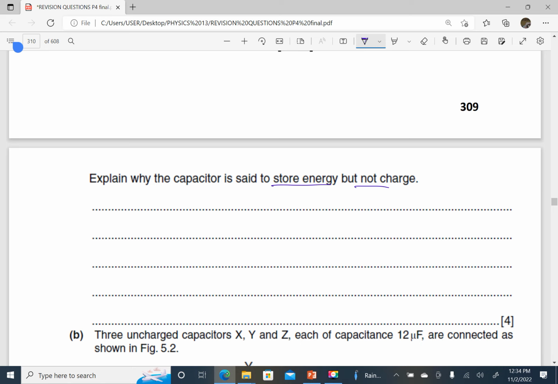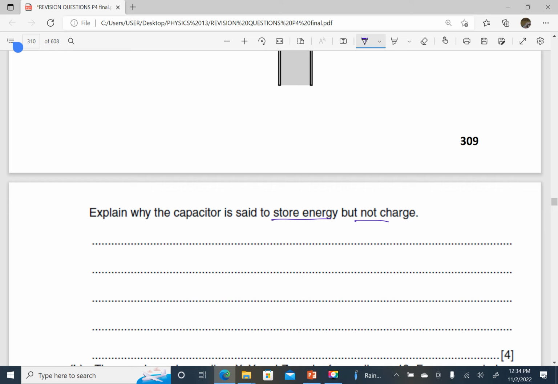Therefore, we shall simply say capacitor plates have equal magnitudes of positive and negative charges.